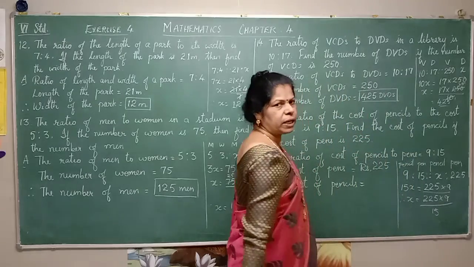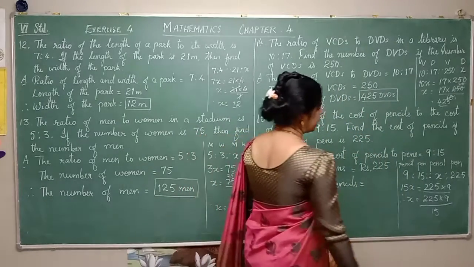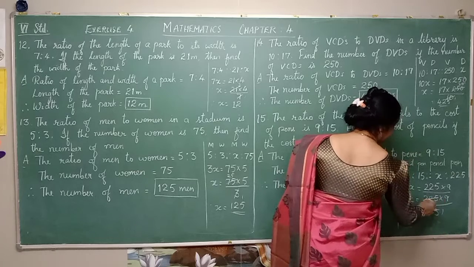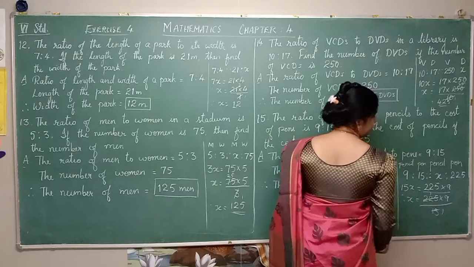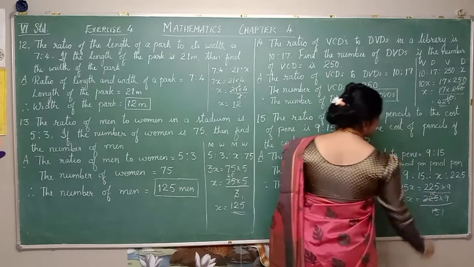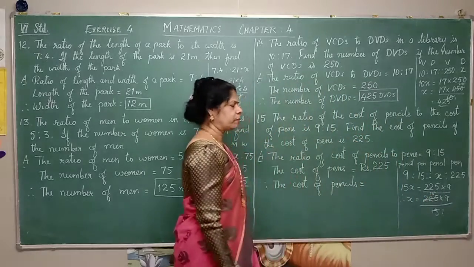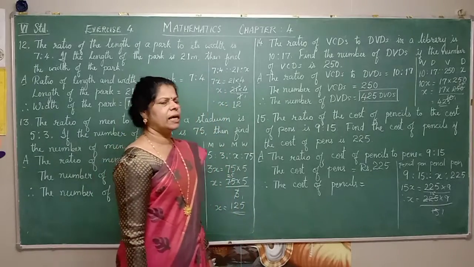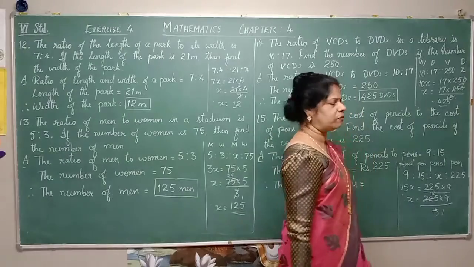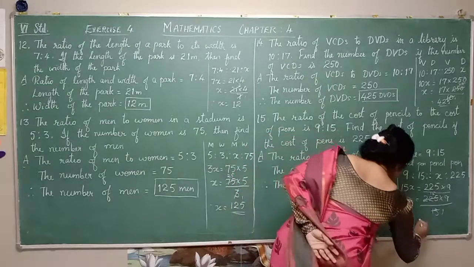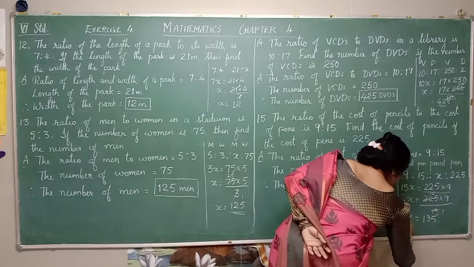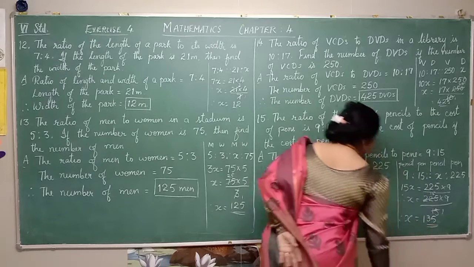So you can see here 15 ones are 15, so 7 remains, 75. 15 fives are 75. So how much does it come to here? 15 nines are 135. So X is equal to 135.